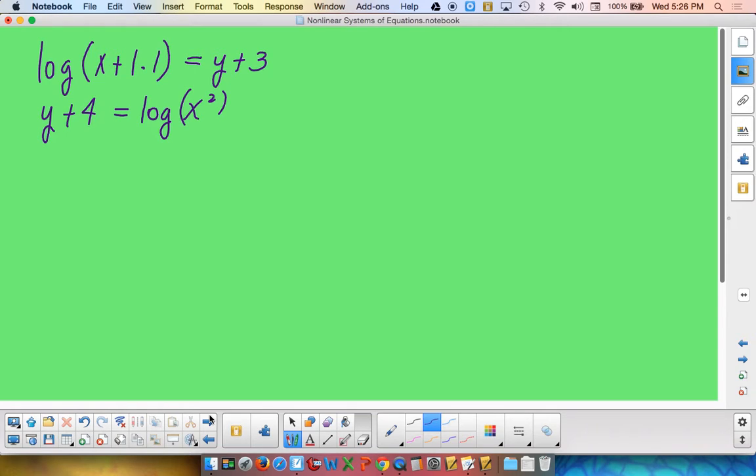Now, you have a choice here. You can line these up and do elimination. So I'm just going to switch the order and say I have y plus 3 equals the log of x plus 1.1. And the second one, I would have y plus 4 equals the log of x squared.